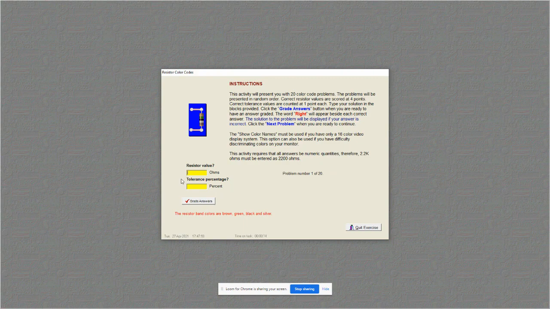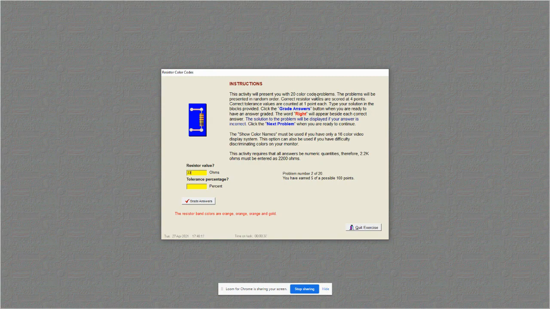Brown is 1, green is 5, and then black. Black is 0. If black is in the third color position, you add 0 zeros after the first two numbers. So in this case, it's just 1 and 5. And then that second block, the tolerance, that's silver, so that's 10. Let's do the next one. Orange, orange, orange.